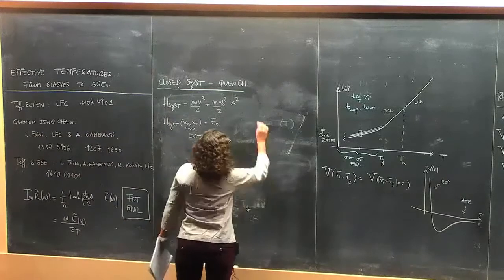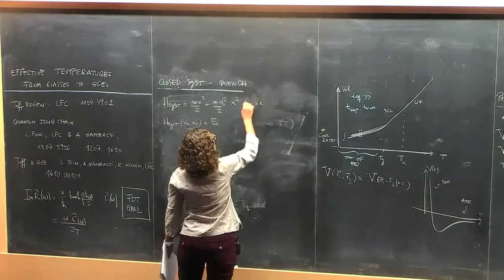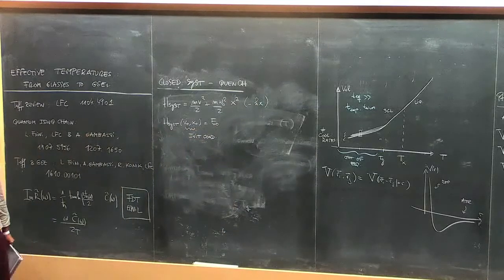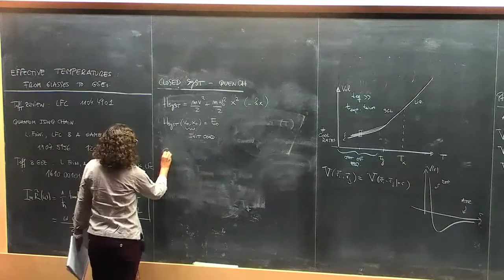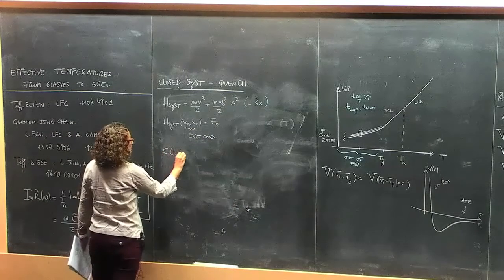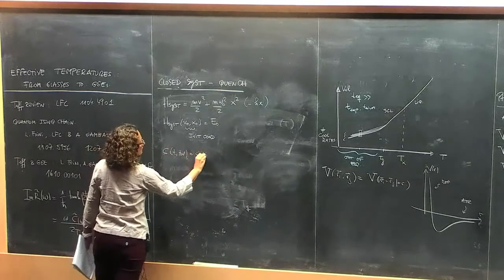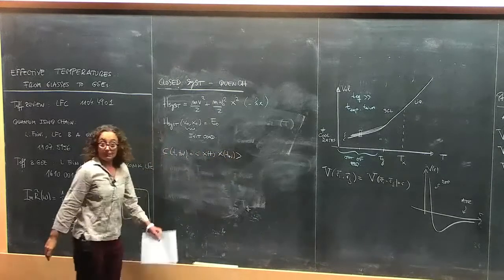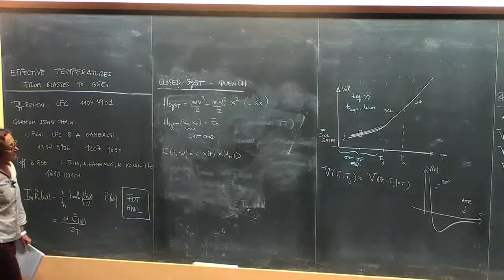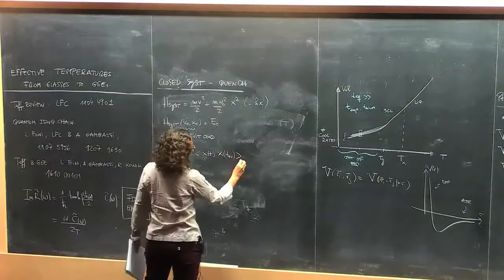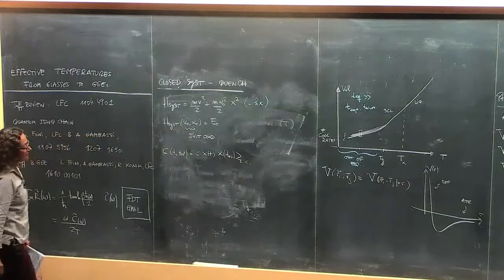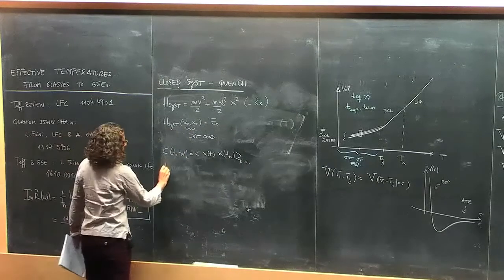I can perturb this problem linearly, for example, to be able to compute a response function. And I can compute the correlation for the position of the oscillator, and this mean here means an average over the initial conditions, for example, if I have a distribution of them.